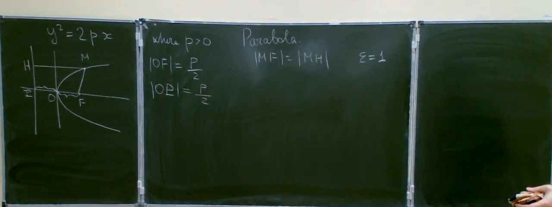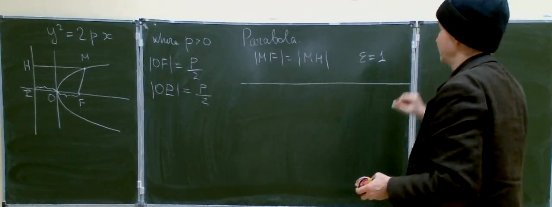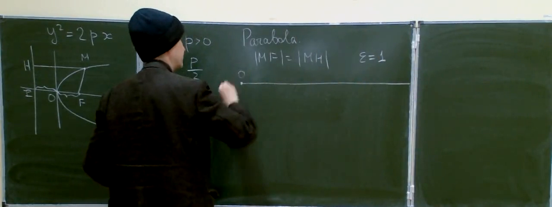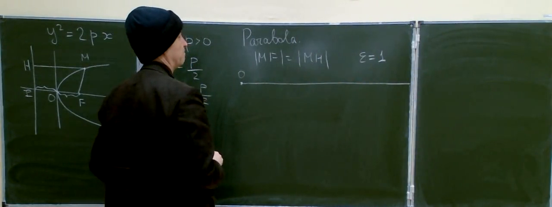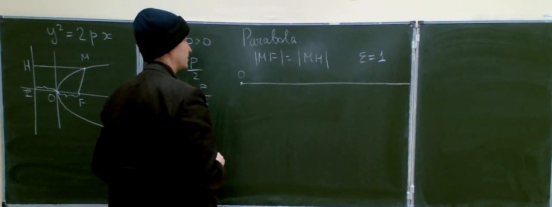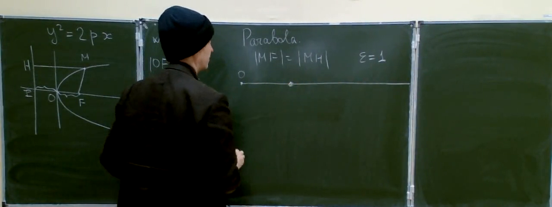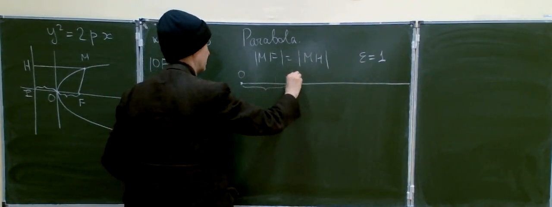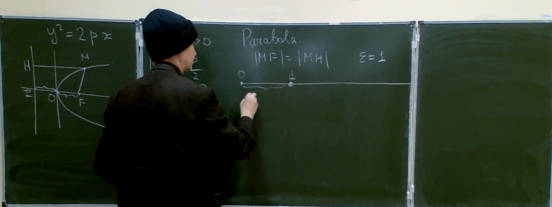So we can draw the line of eccentricities. Here the value is 0. If the eccentricity is equal to 0, then the line is a circle. In the case of an ellipse, the eccentricity belongs to the interval from 0 to 1.